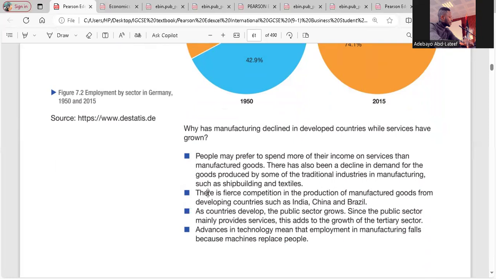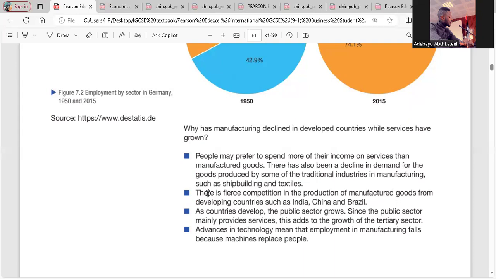Two, there's fierce competition in the production of manufactured goods from developing countries such as India, China, and Brazil. The competition is increasing. Countries are becoming more developed. As a result, the industrial sector, or the secondary sector, is becoming saturated.